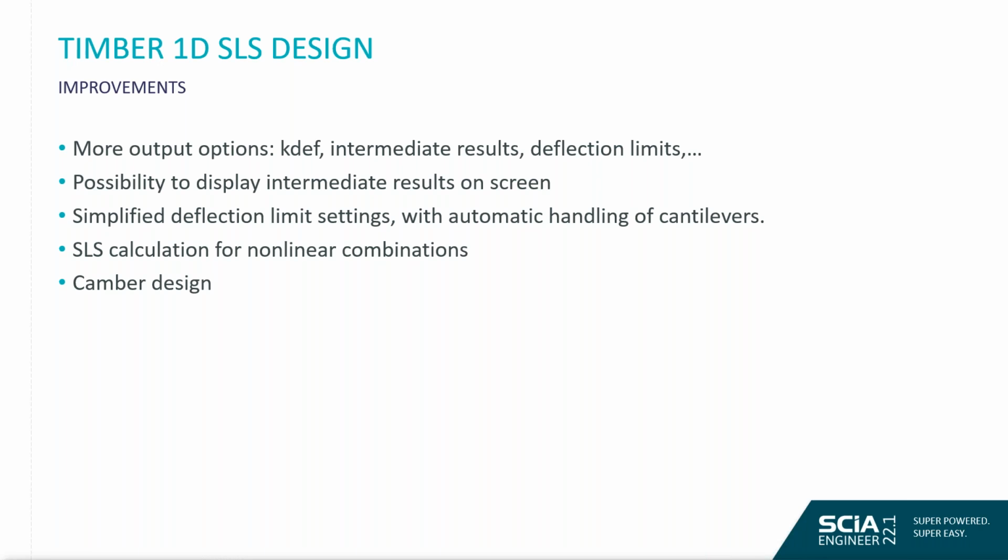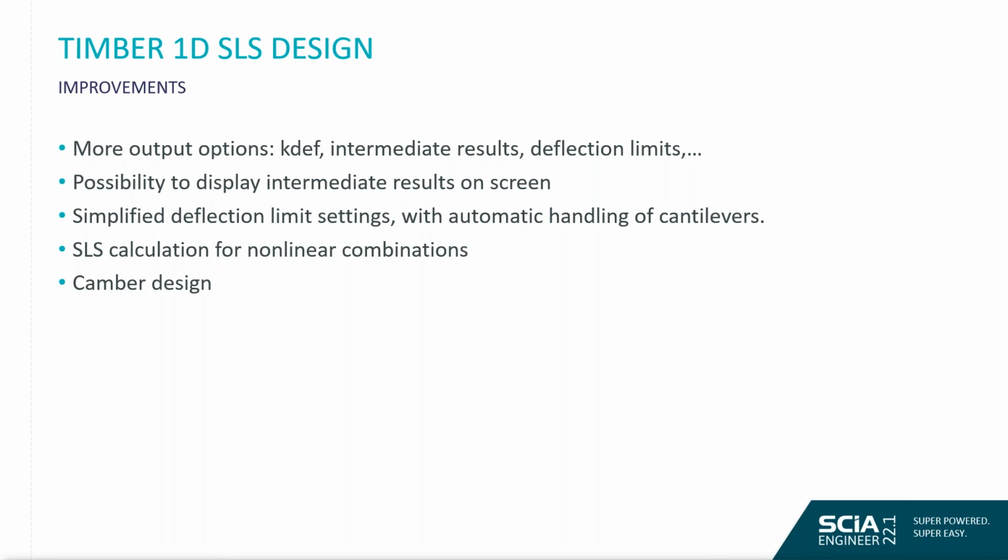Also, we have enabled now to run the SLS calculation on timber for nonlinear combinations. Previously, this was not allowed. Mainly the issue is that in nonlinear combinations, it's hard to know which part of the contribution is coming from which load case, because the results are not linearly decomposable.